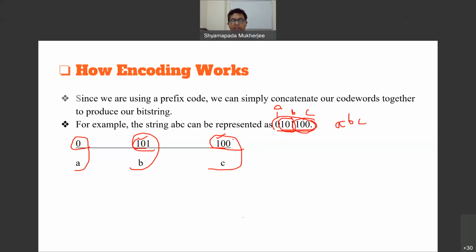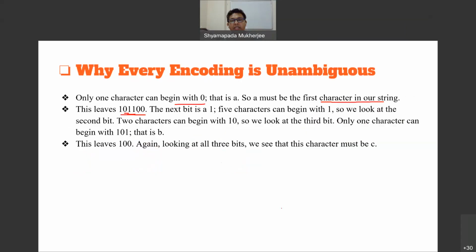This is the advantage of prefix code, along with the idea that frequent and infrequent characters are represented by a variable number of bits. The frequent word is represented by a smaller number of bits, and infrequent words by a larger number of bits. So that is an advantage.